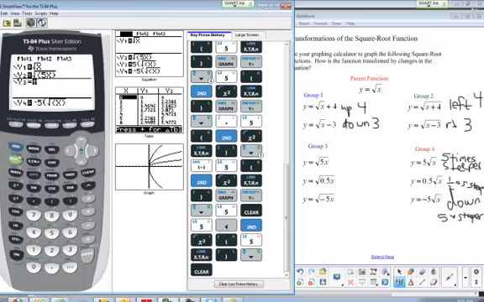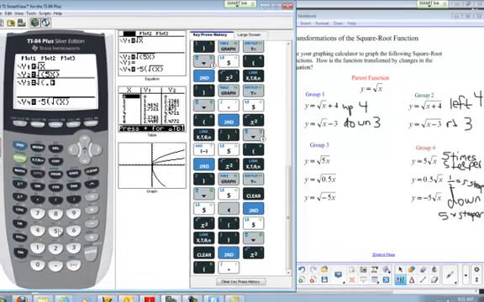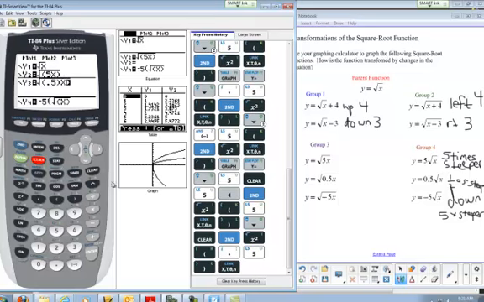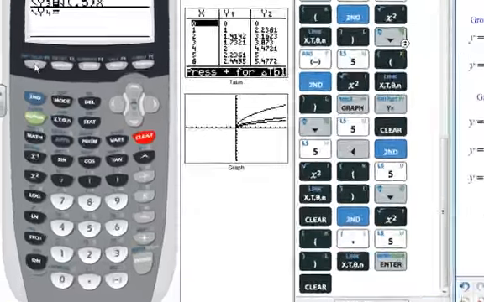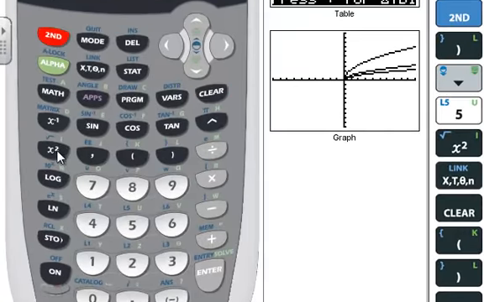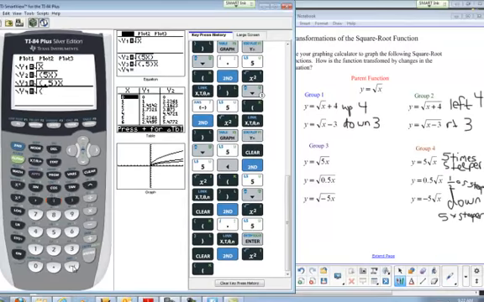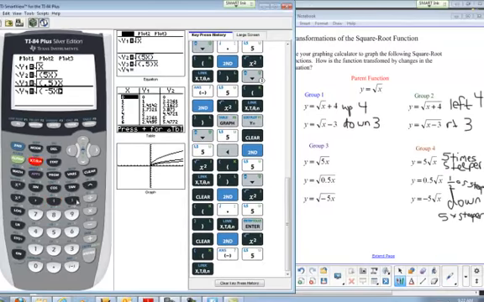And then we've got square root of 0.5x. And then we've got square root, and this is a negative under the square root, negative 5x.